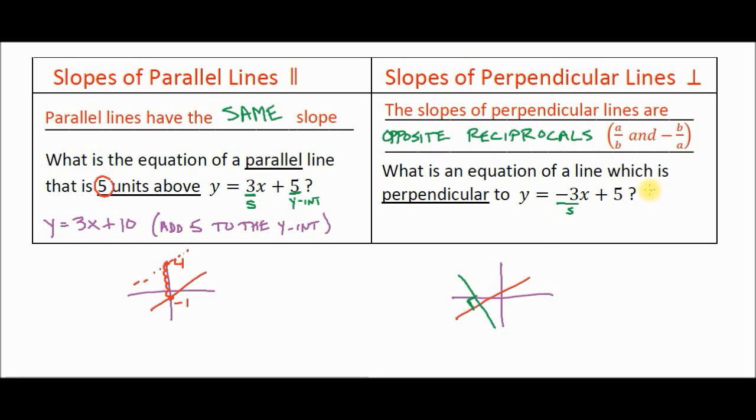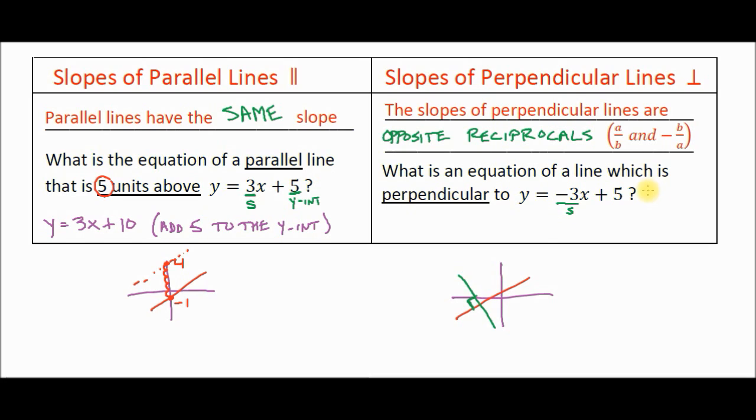Negative 3 is the same as negative 3 over 1. I think you agree with that. Any fraction, you can put a 1 in the denominator. It doesn't change the number. 2 is the same as 2 over 1. 7 is the same as 7 over 1. So negative 3 is the same as negative 3 over 1.